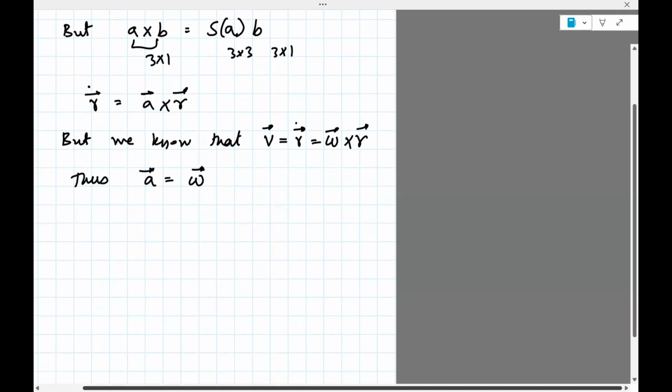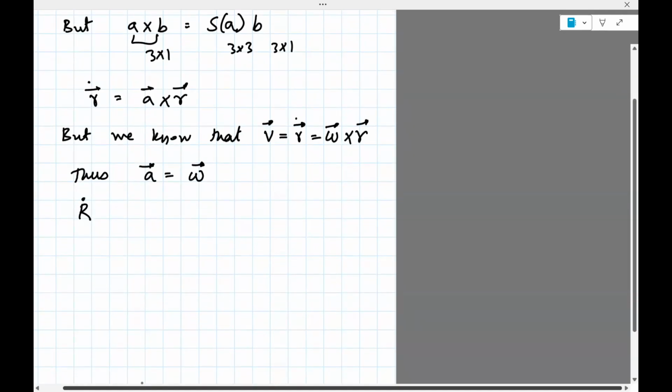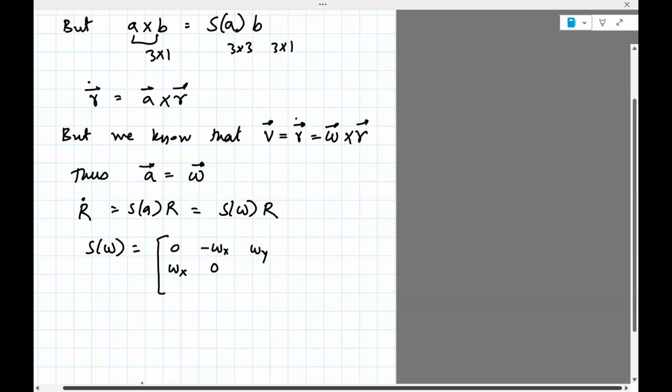In other words, what we've shown is that R dot, which is S of A times R, is the same as S of omega times R, where S of omega is a skew symmetric matrix, [0, -omega z, omega y; omega z, 0, -omega x; -omega y, omega x, 0].